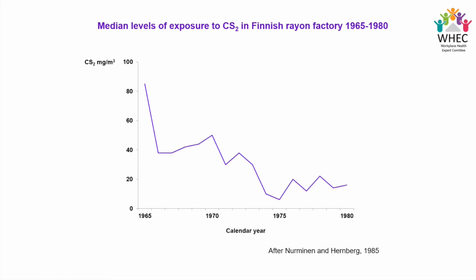And this was studied in a Finnish rayon factory where they compared the outcome in over 300 men working in the factory compared to a comparison factory in the same neighborhood. And you can see that during this period, the levels of exposure to carbon disulfide fell with the control measures that were put into place.